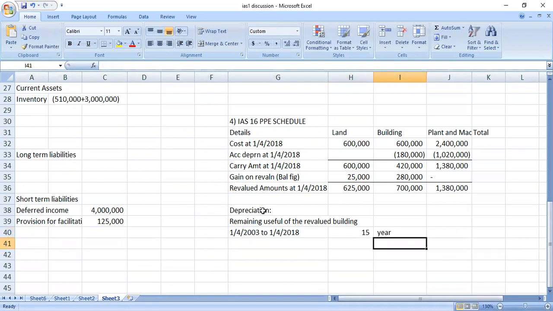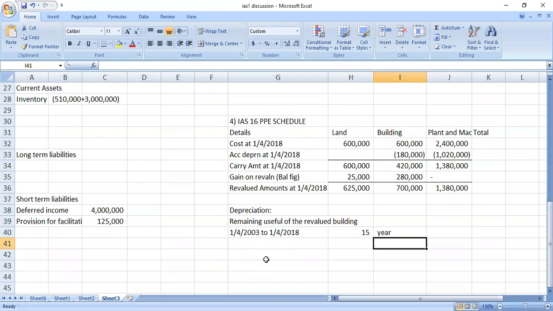So from 1st April 2003 to 1st April 2013, those are 10 years. Still, if you can't get that, you can say from 1st April 2003 to 1st April 2004, that's 1 year. 1st April 2005, those are 2 years. 1st April 2006, those are 3 years.